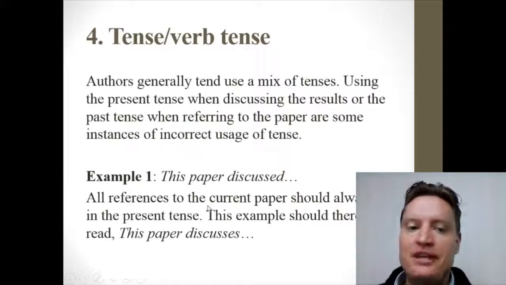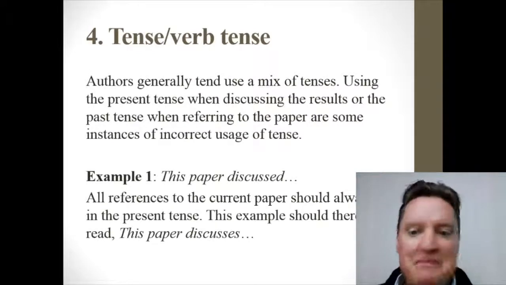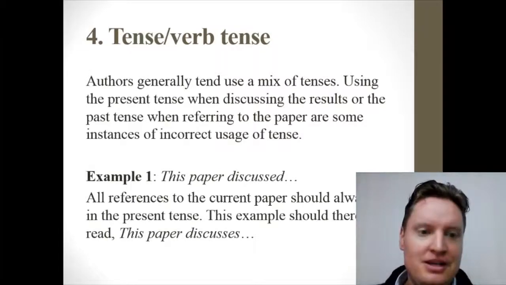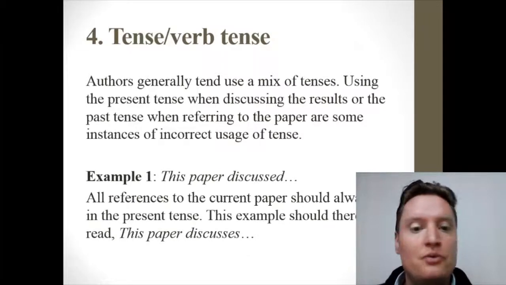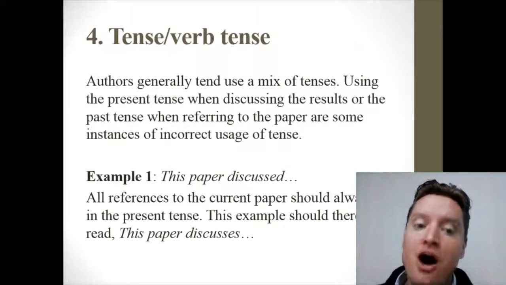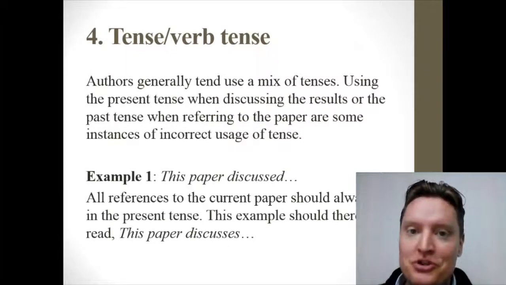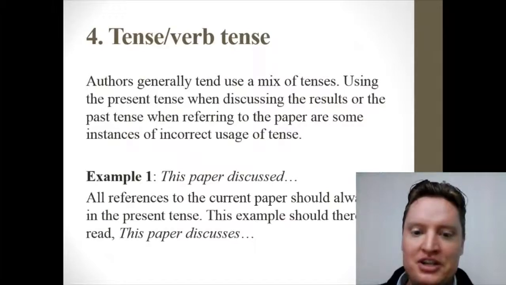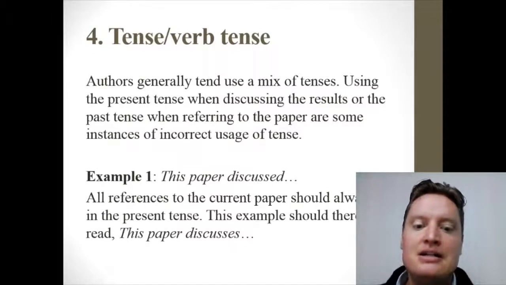Verb and verb tense. Authors generally tend to use a mix of tenses, using the present tense when discussing the results or the past tense when referring to the paper. Here are some instances of incorrect usage of tense. Here's an example: the paper discussed.